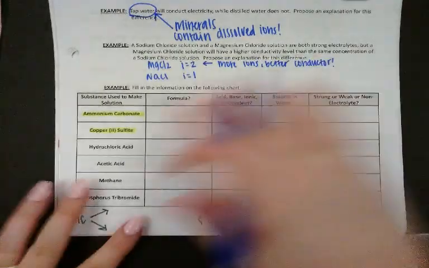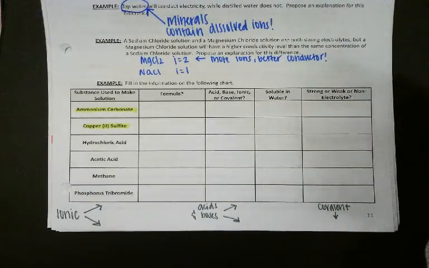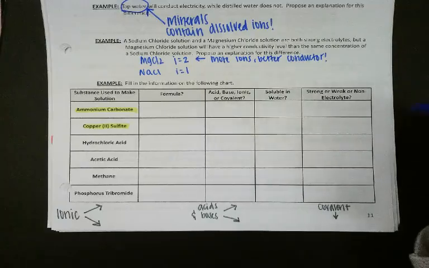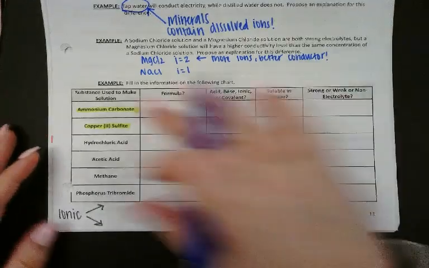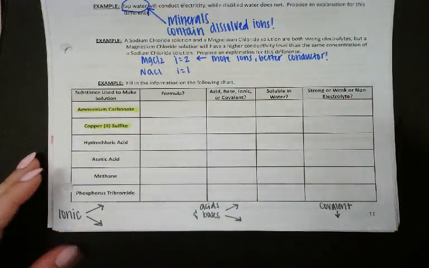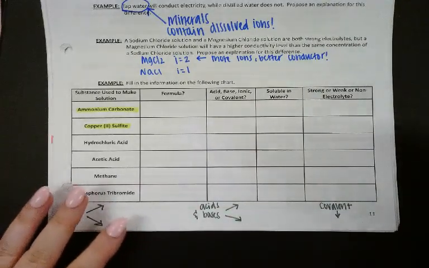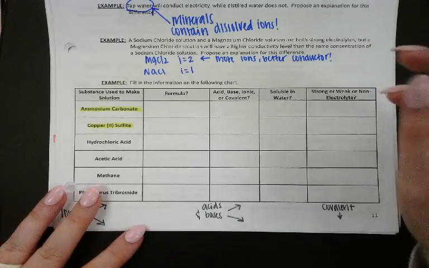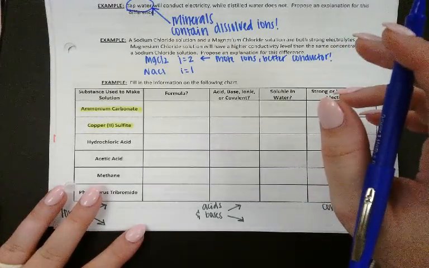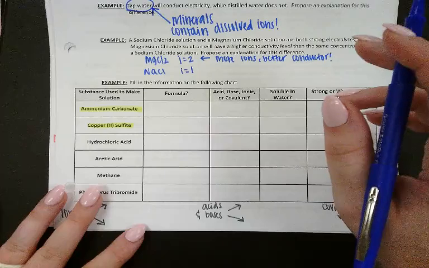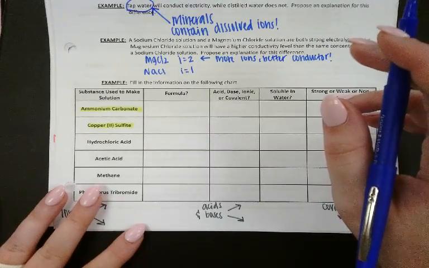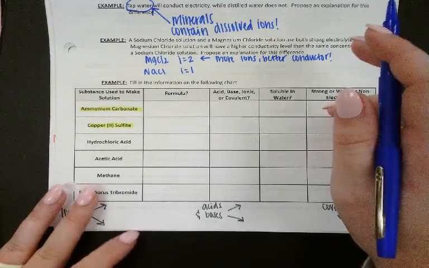All right, last little bit for today. So it says for us to fill in the information on the following chart. So ammonium carbonate. I'll give you a second to write down that formula, and then I'm going to call on somebody. Ammonium carbonate. Sanvi, what's my formula?